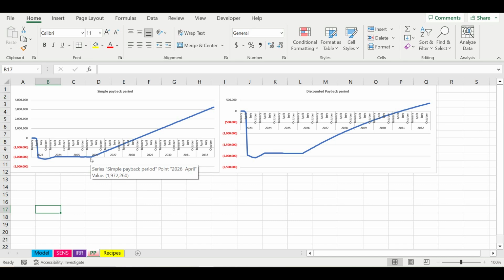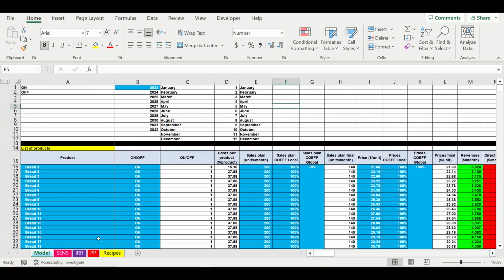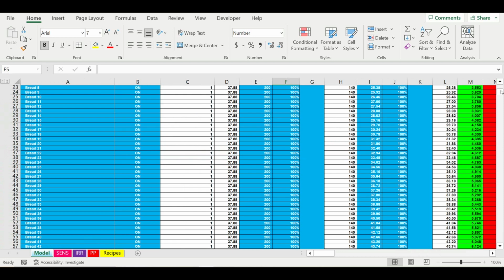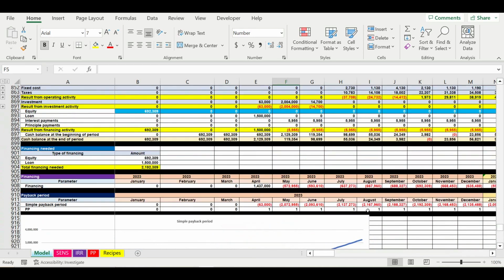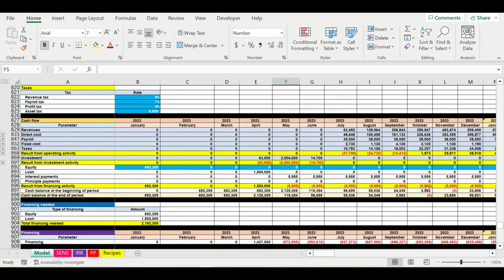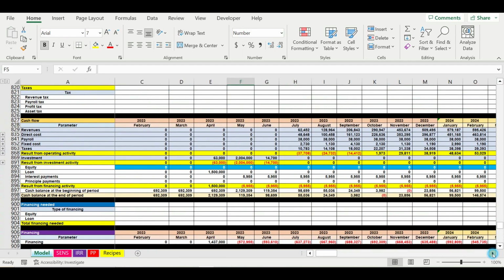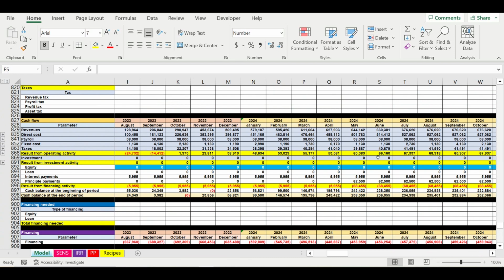So if we look at the cash flow statement in this particular case, here we will be able to see the operating profit and the loan payment.